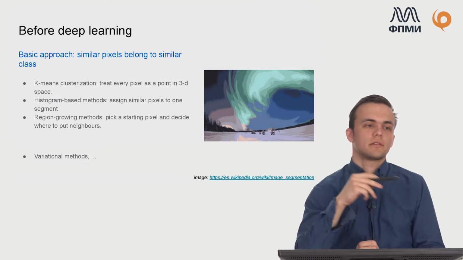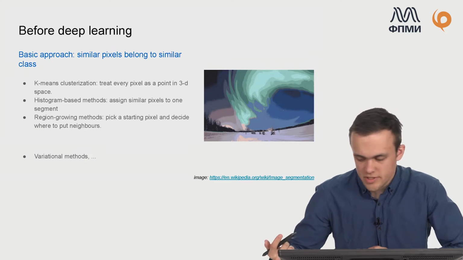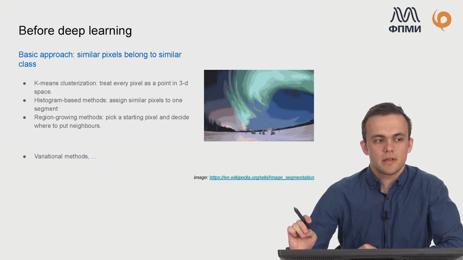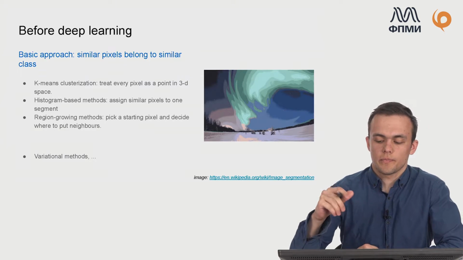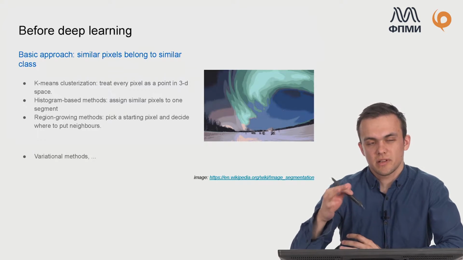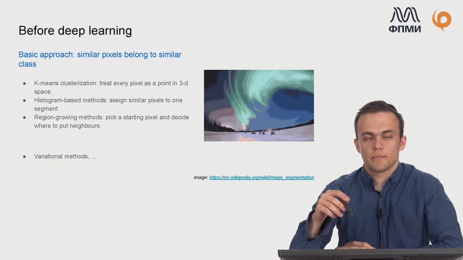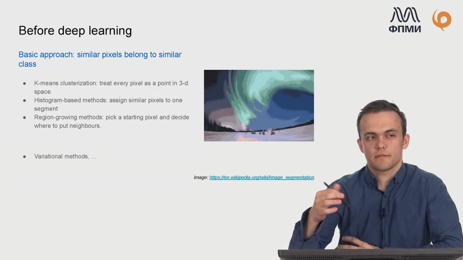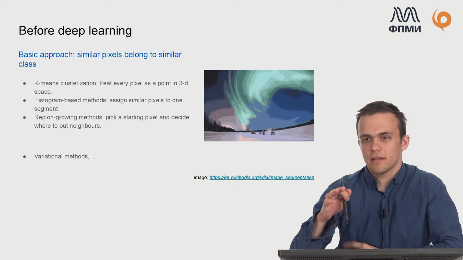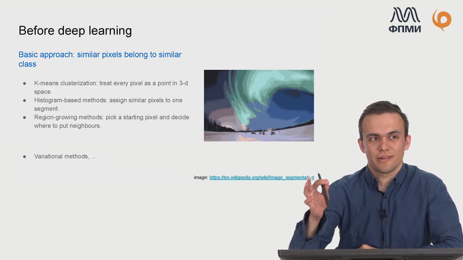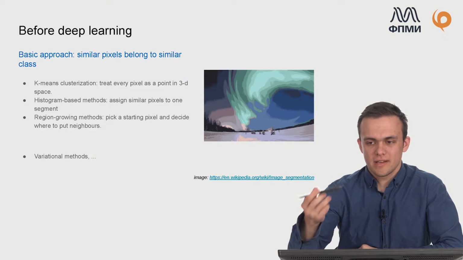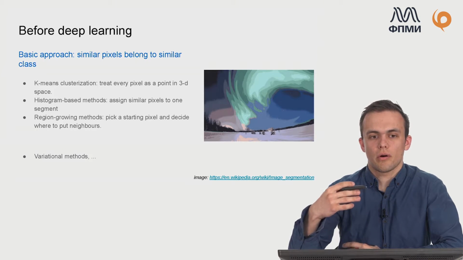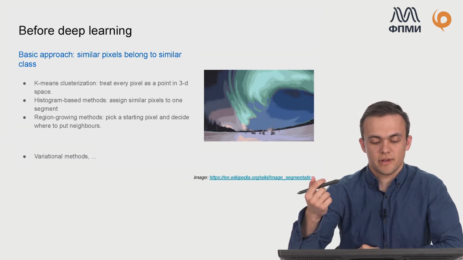So how did people solve this problem before deep learning? They solved a slightly different problem. They were trying to find some regions on an image that are similar, and then they were trying to interpret these results. For example, if you have a red kitten on the green grass, the idea is that the pixels that belong to the same class are somehow more similar than pixels that belong to different classes.